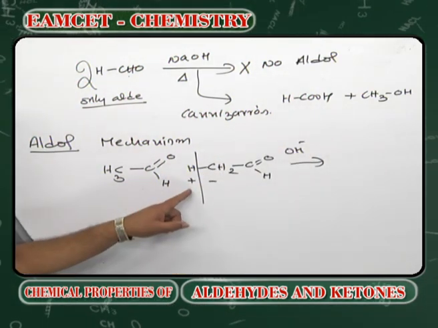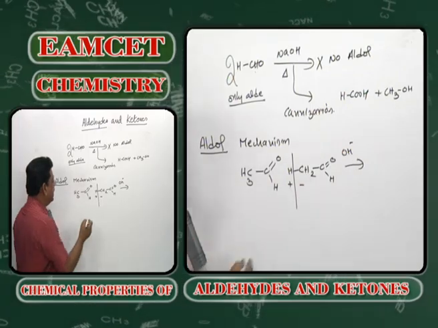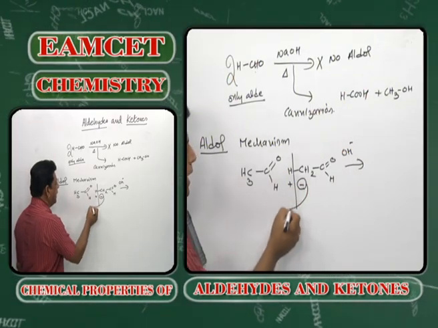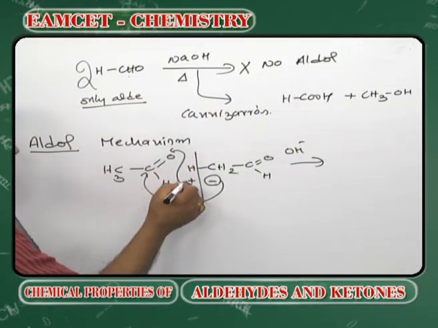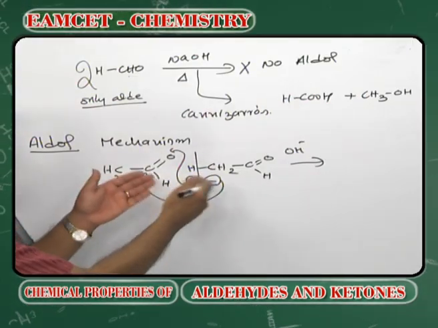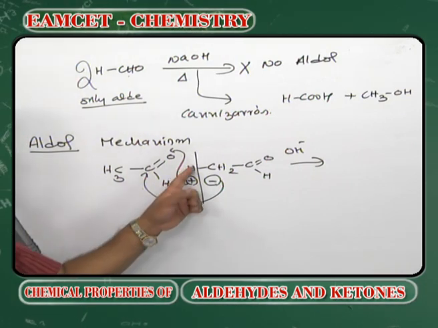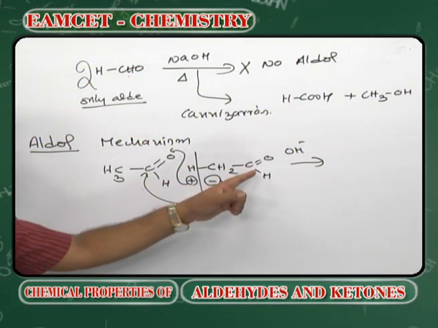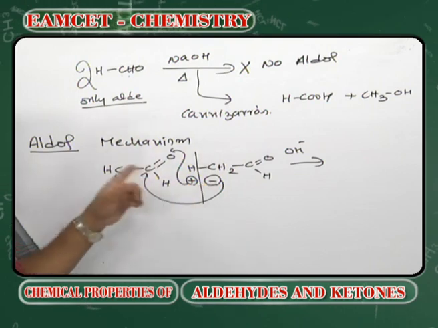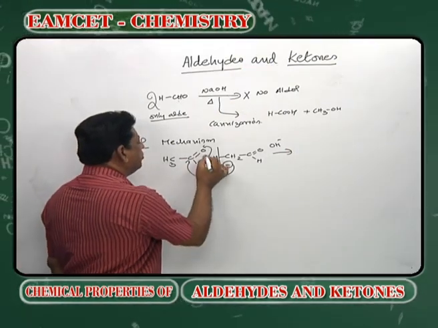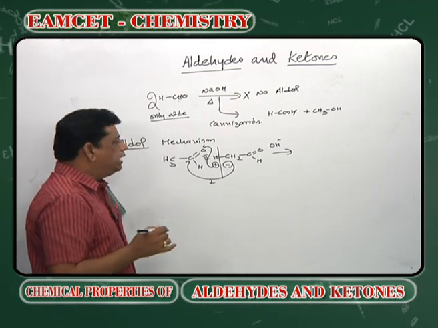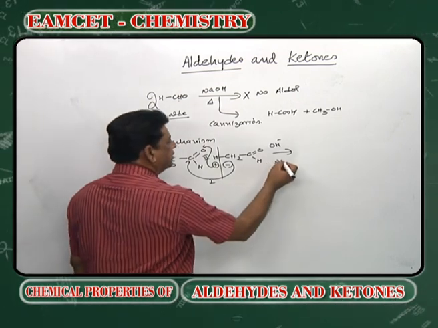The plus is added on the O and the minus is added on the carbon; H plus adds on the O minus. So, one acetaldehyde breaks up into alpha hydrogen as a plus, the rest of the part as the minus, and adds. This happens to be step 1, this happens to be step 2.